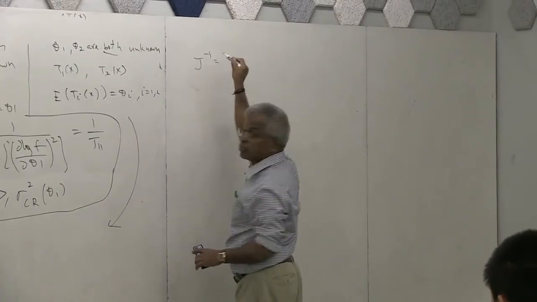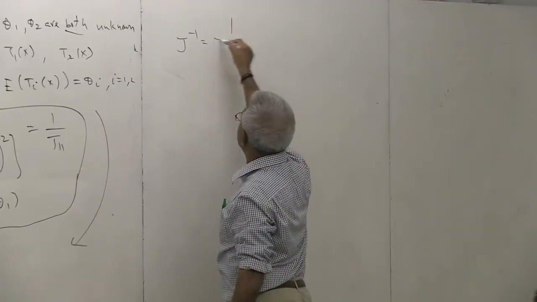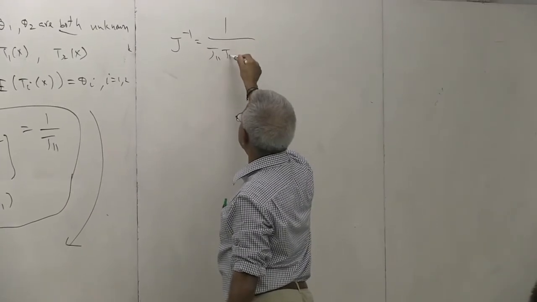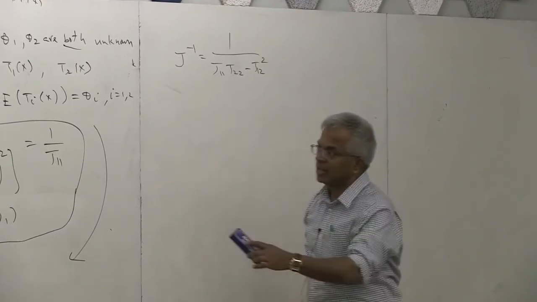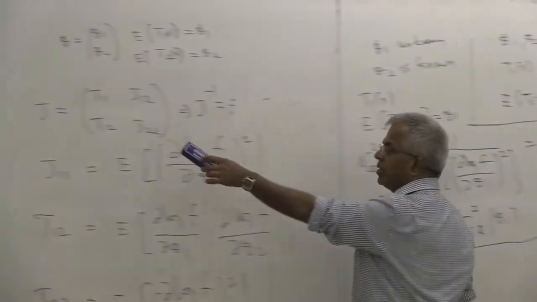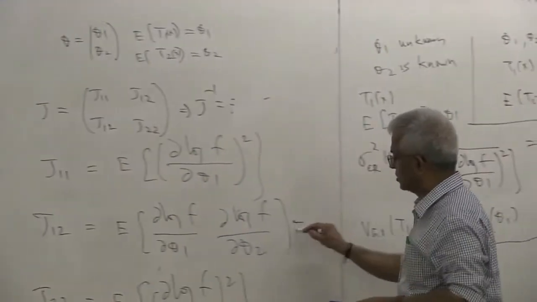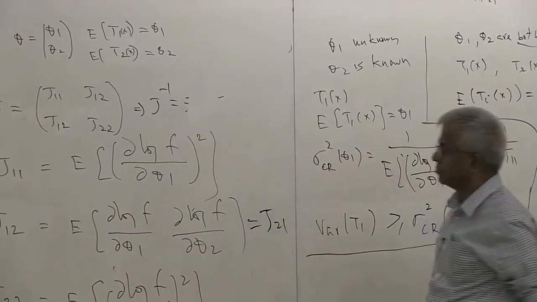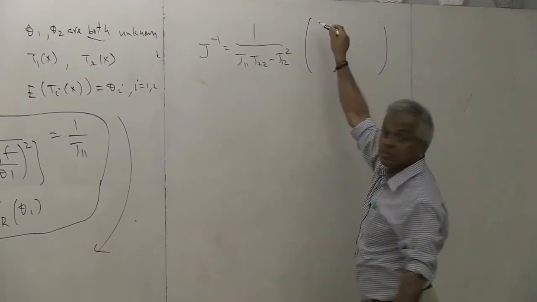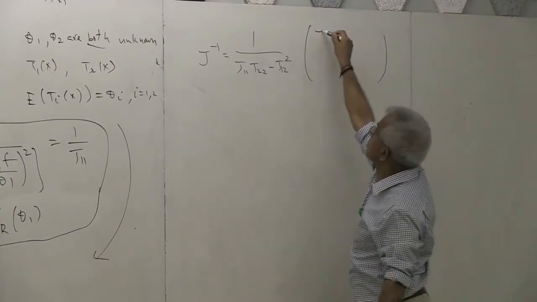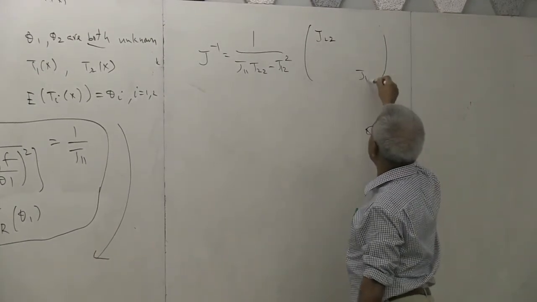So remember, for a 2 by 2 matrix, what is the determinant? J11 J22 minus J12 squared, right? As I said, these two entries will be equal because this is the same as J21. Multiplied by, what are the entries here? This is J22, this is J11, this is?